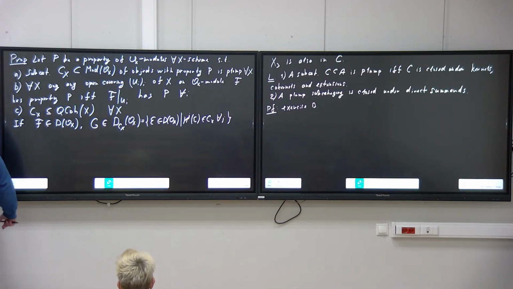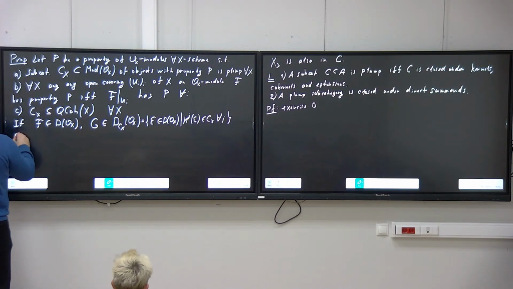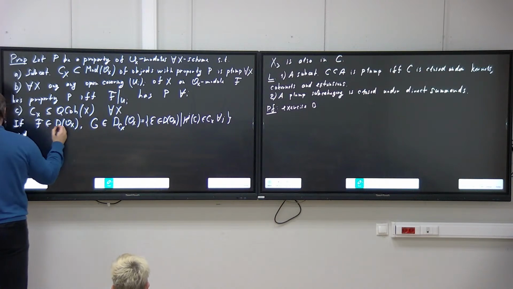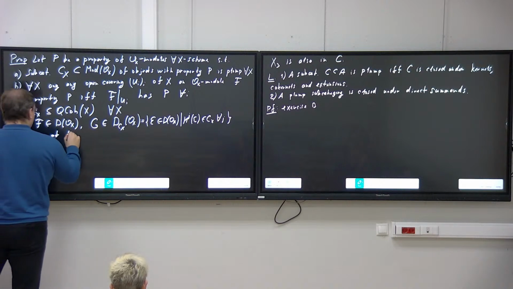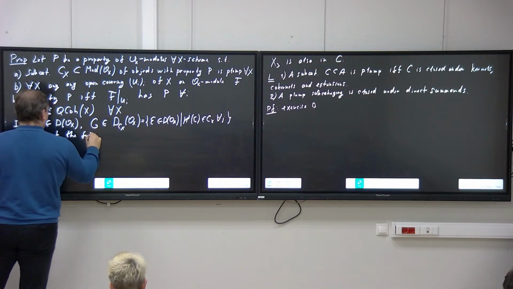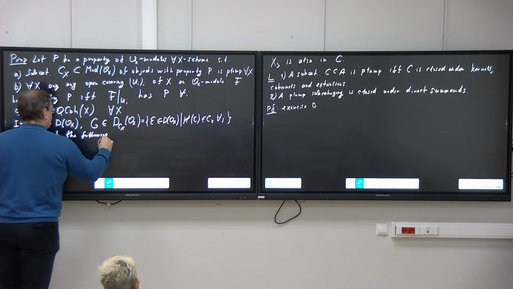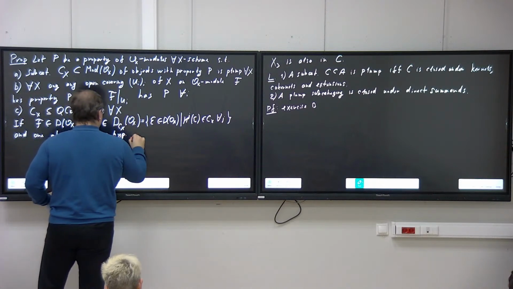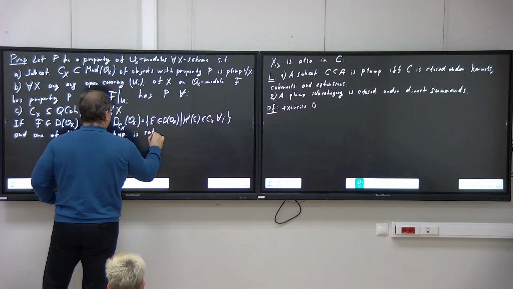Okay, so we assume this about F and G, and also assume one of the following two hypotheses is satisfied.